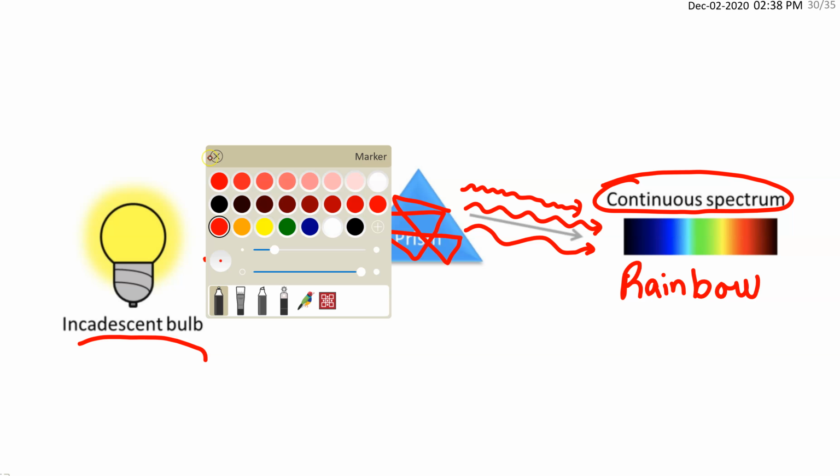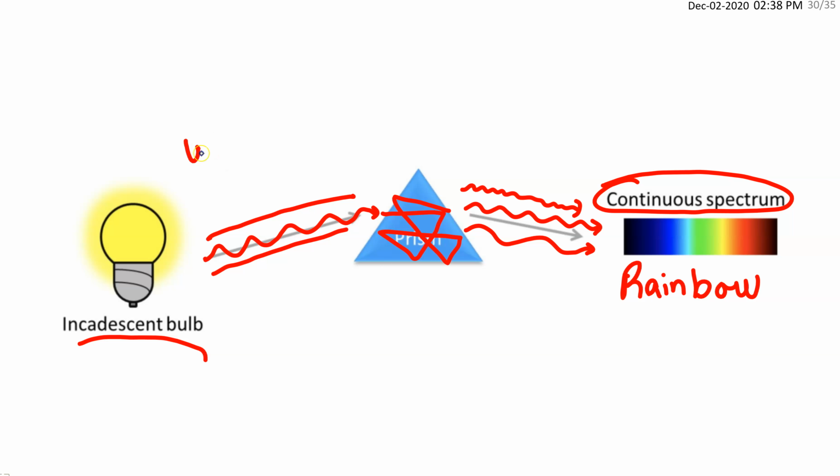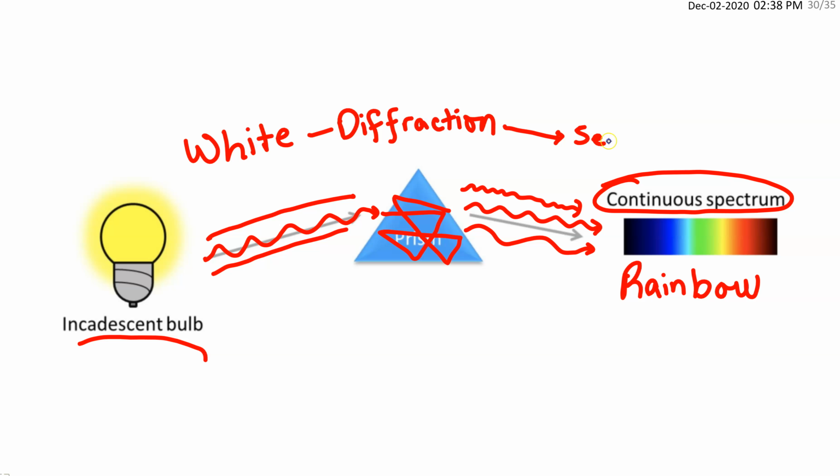We have this white light that goes into some sort of prism, what we call diffraction, which you should have learned about in your physics classes. We have diffraction, and then we have separate wavelengths.